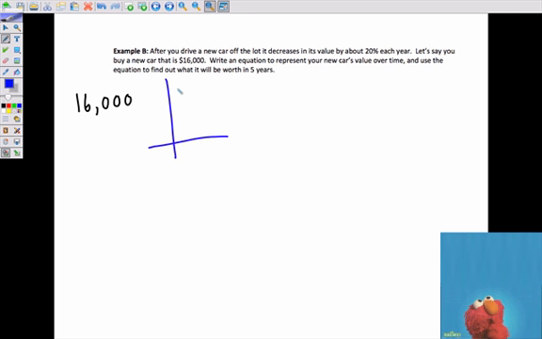If we were going to graph this, we'd be up here starting at 16,000 and each year going down 20%. So our graph of this would look somewhat similar to that. Then if we're going to write an equation for this, y equals a times b to the x. The a is fairly obvious in this case. It starts being worth $16,000 times b to the x, and now we need to figure out what our b value is.